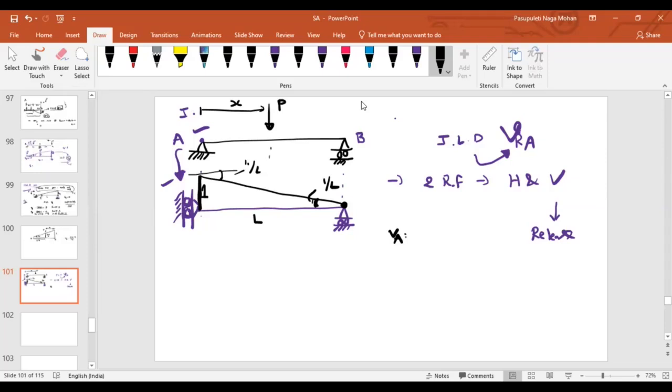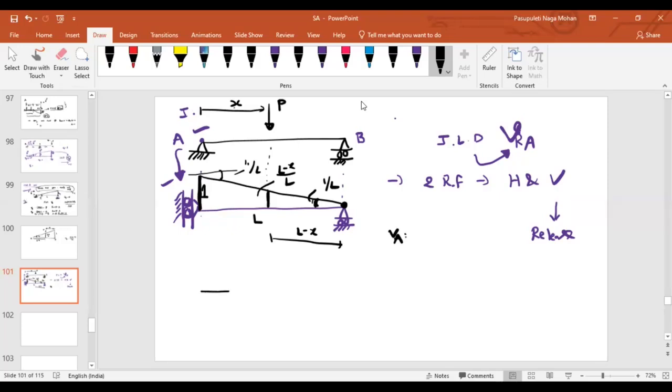Like the similar triangle method, sir. That also indirectly uses the slope. If the distance is x, what about this distance from here to here? L minus x. Then what is this ordinate? Simply L minus x by L. Every time you cannot take similar triangles, and even similar triangles are based on the same slope. So instead, just represent the slope, and wherever the ordinate is required, you can simply find it by multiplying with the distance. Okay, sir.